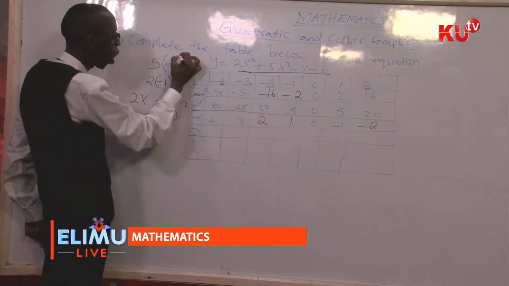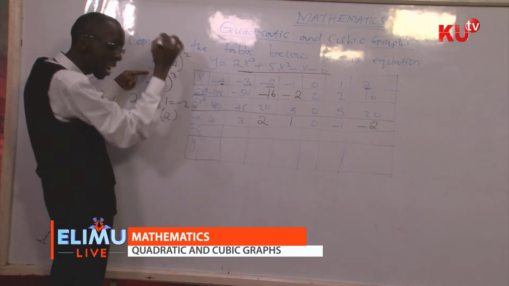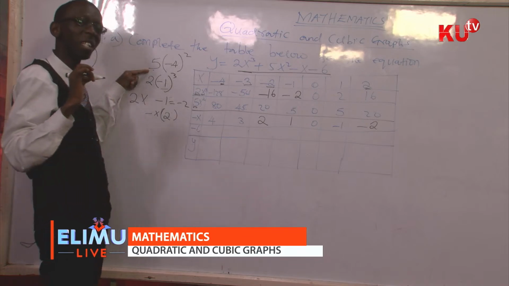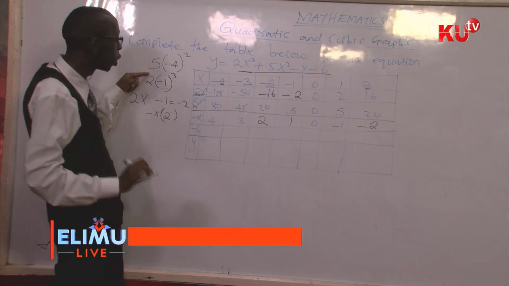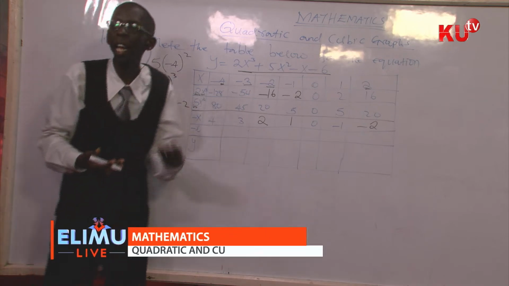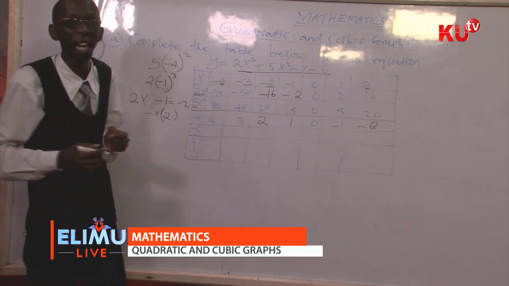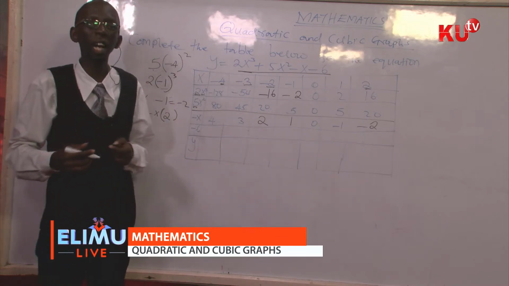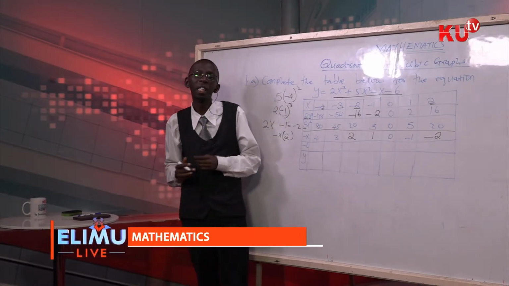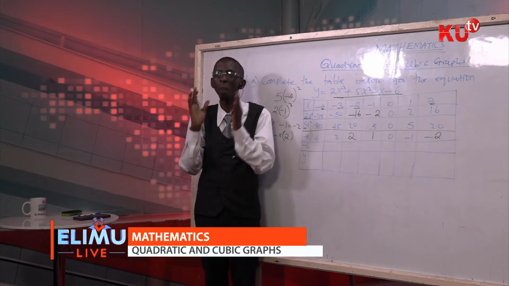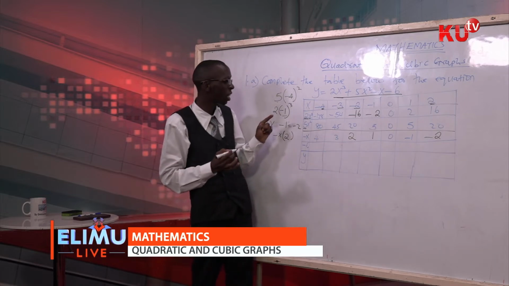The same as this, 5x squared, when x is negative 4, negative 4 squared, 5 into bracket negative 4. I'm insisting that you should write it in bracket, because if you square negative when not in bracket, then you are going to get a negative value. And we know very well that negative times negative, or negative squared, is positive.